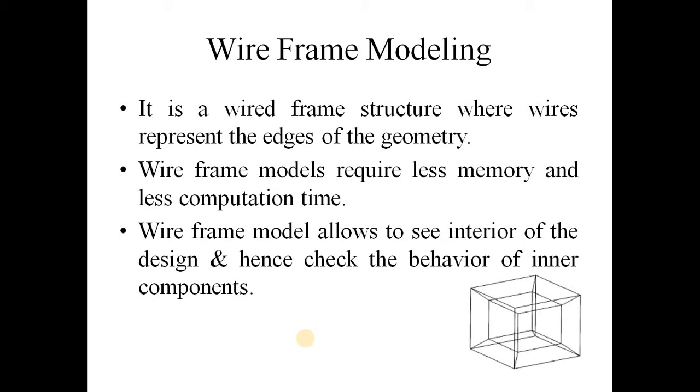So all the features are completely visible only in the one view. Now testing can be done quickly. So any object can be tested very quickly because of the less memory requirement and less computational time required for the wireframe model.